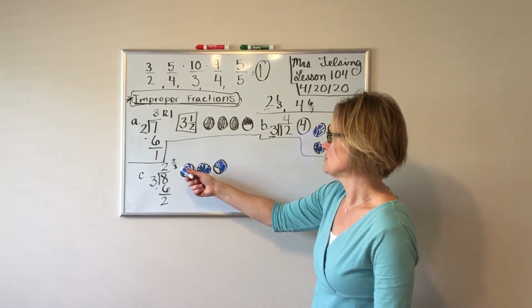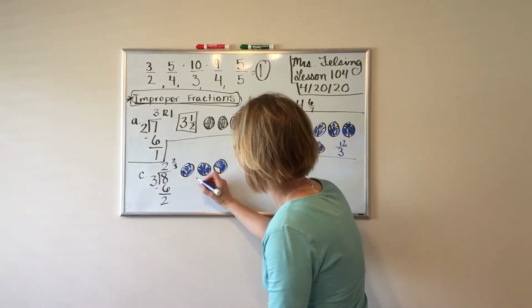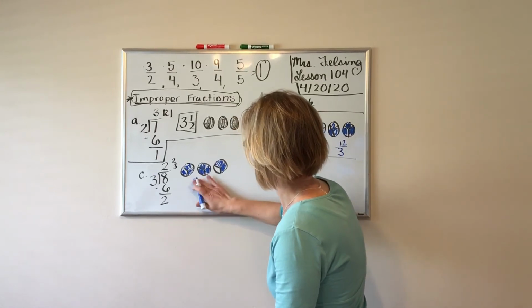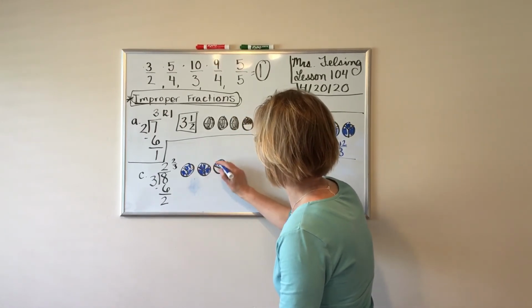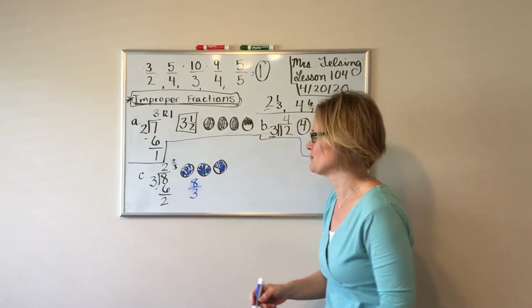So let's count. 1, 2, 3, 4, 5, 6, 7, 8, 9. Wait, I'm sorry, what am I saying? Not 9. 1, 2, 3, 4, 5, 6, 7, 8. So we have 8 thirds. So it looks like we got it correct.